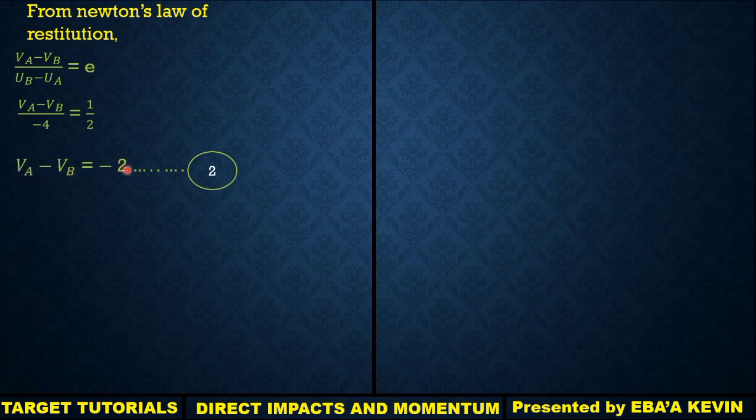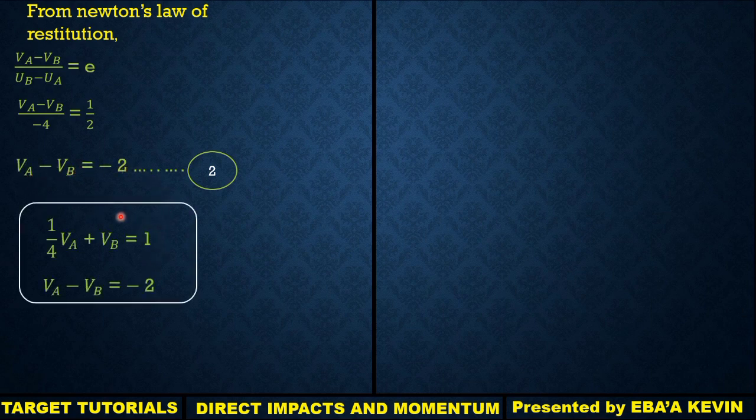Since we have our two equations, one obtained from the law of conservation of linear momentum and this one from Newton's law of restitution, we can solve them simultaneously. Adding equation 1 plus equation 2, we see clearly that the VB terms are going to cancel.